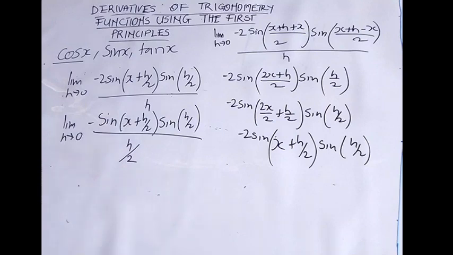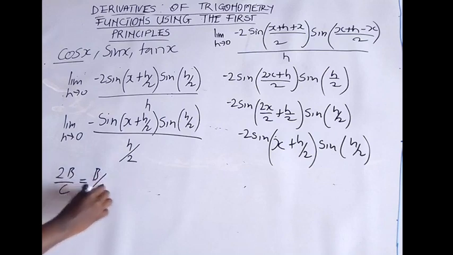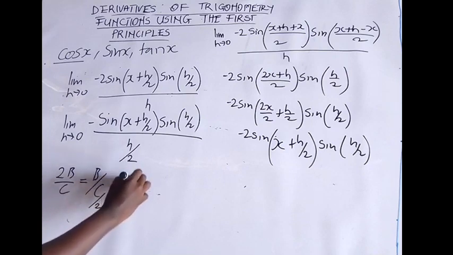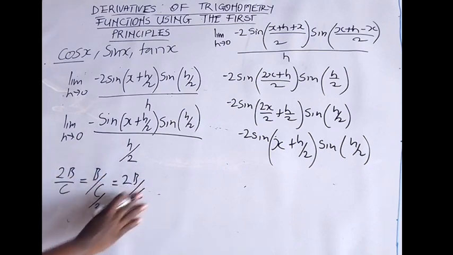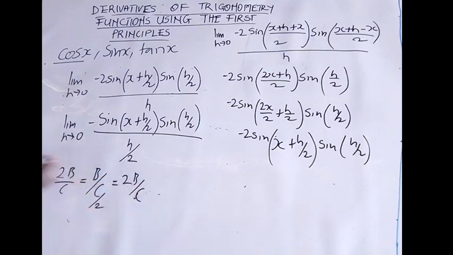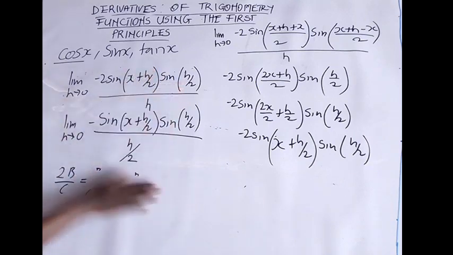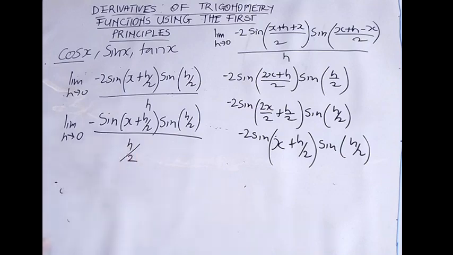Why am I saying this? When having something like 2b over c, you can write this as b over c over 2, because the reciprocal of this will give us 2b over c, which is equal to this one. So that is what's happening over here. So we are having this.